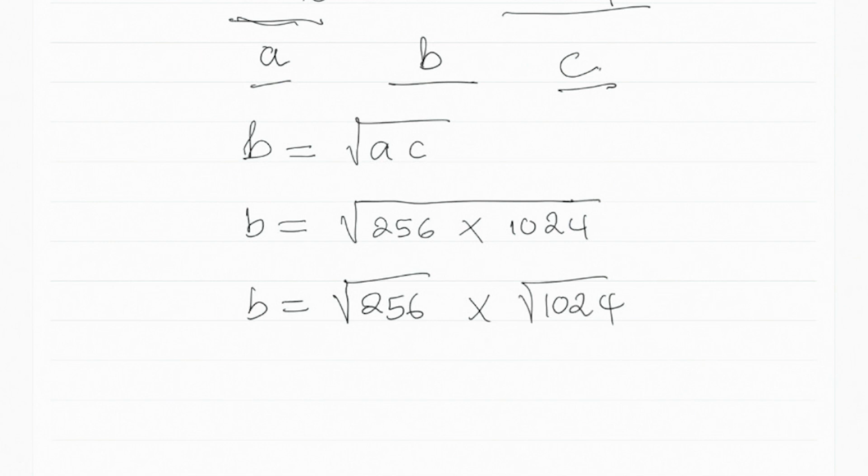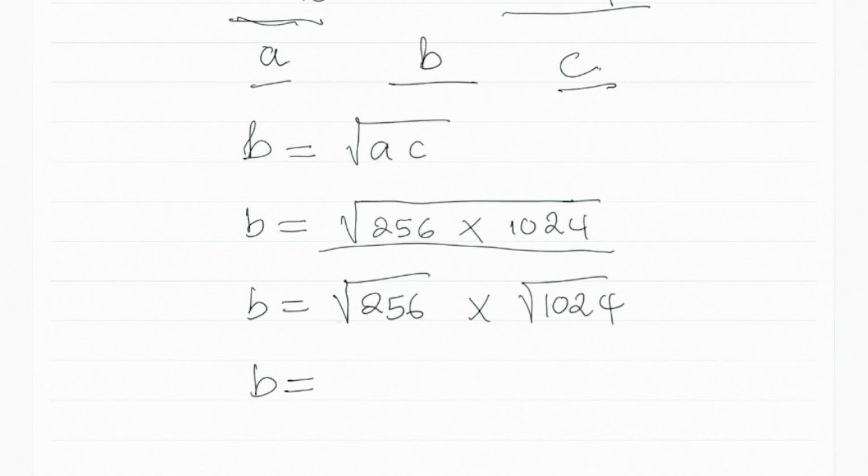This is the same, so you can split and find it easy, because when you multiply 256 times 1024, you end up having a very big number that would be very confusing to find the square root of. So you can split the given terms in the square root sign, because we are multiplying them and all of them are in the square root sign. That's why we're saying this 256 times 1024 can be split the way I've written them here.